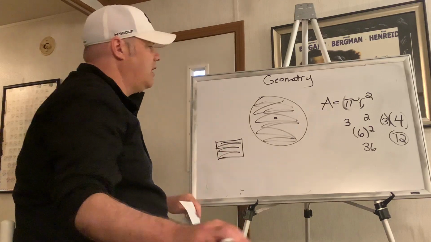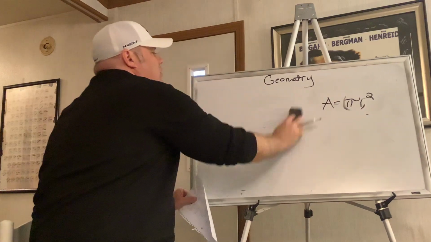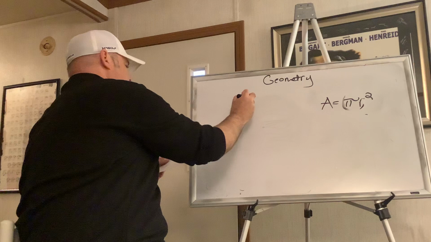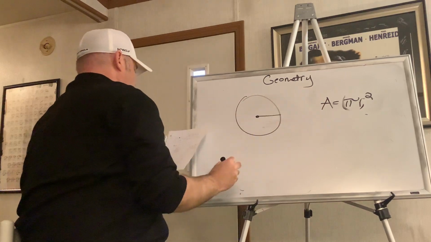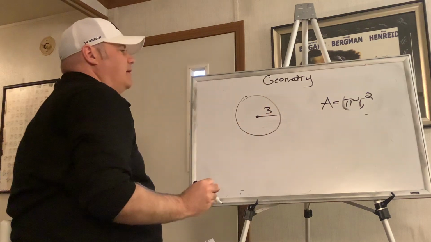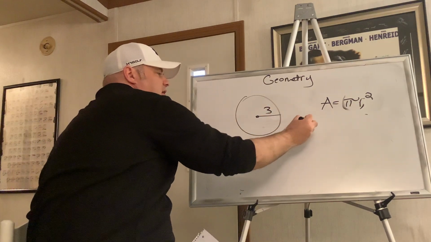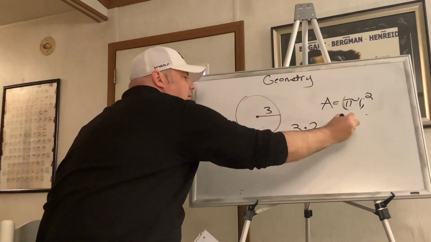Okay, so let's do a couple examples of that. Let's say I have a circle with a radius of 3. So what I'm going to do in my calculator is square 3, or just manually hit 3 times 3, and then multiply that times pi.